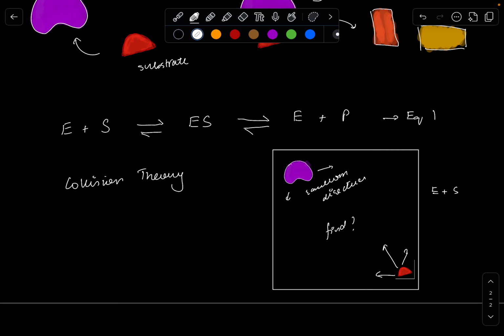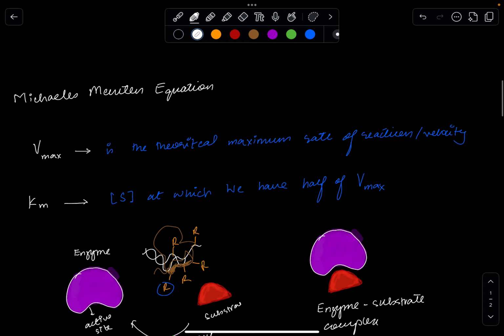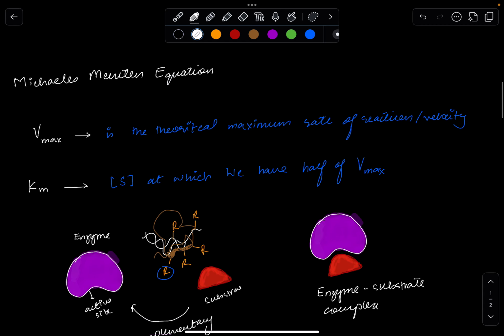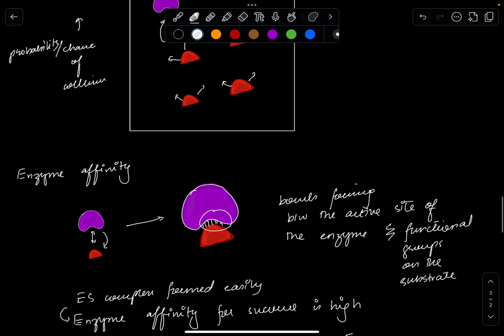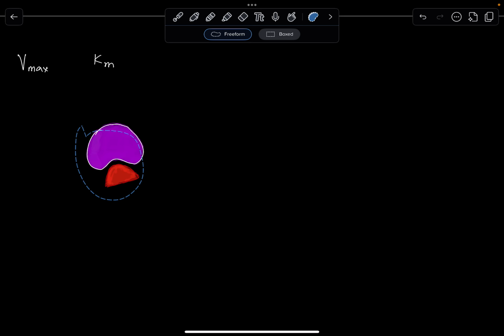And so based on this, we're going to dive deeper into the Michaelis Menten equation. So to develop an intuitive understanding of Vmax and Km, we're going to look at the following scenarios.